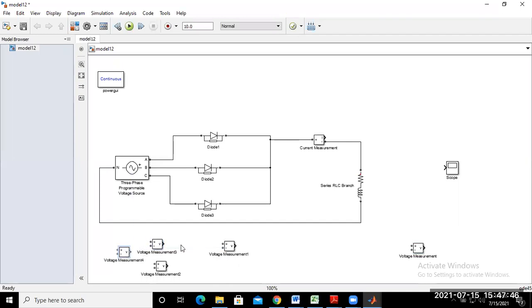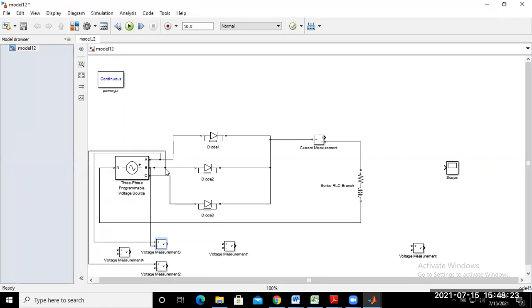So this voltmeter is connected across lines A and B. So just connect it from this point to this point, A and B. And this voltmeter is connected between line B and C. So just connect to point B and point C.